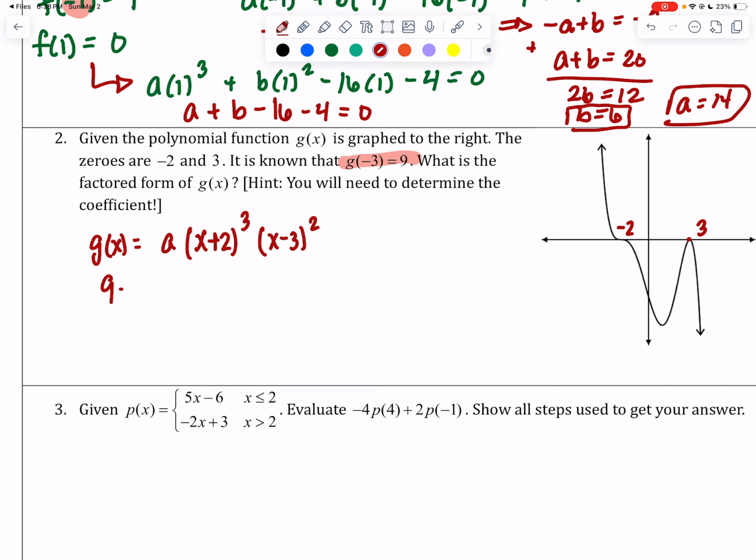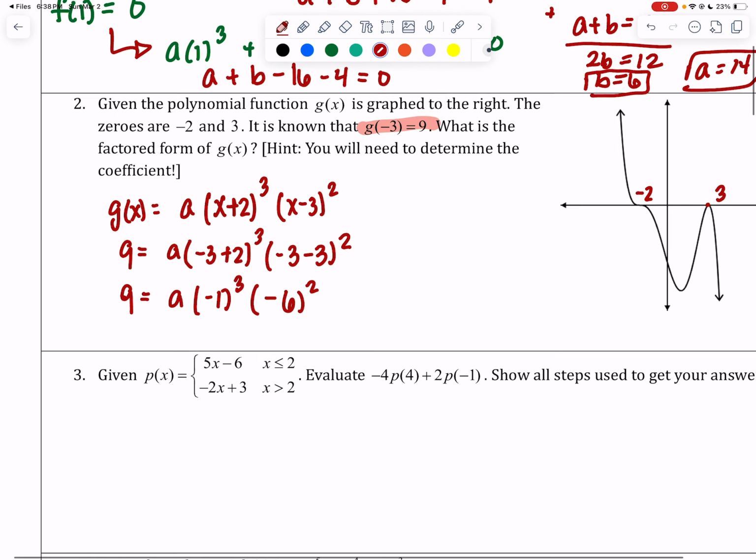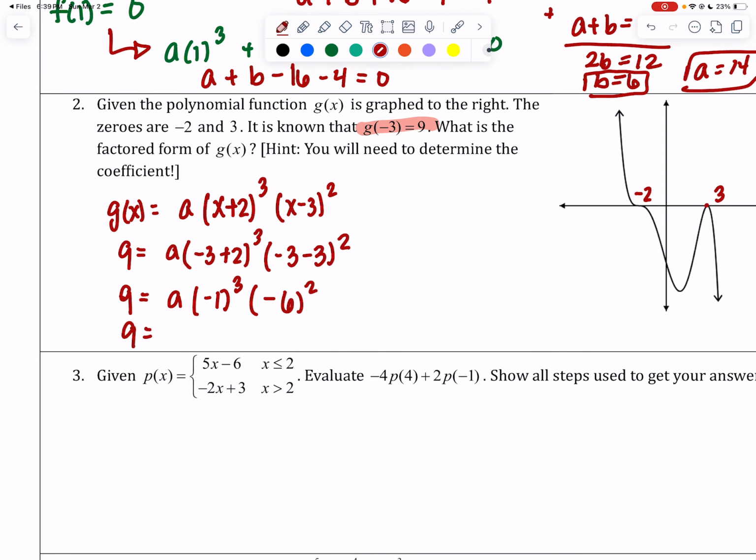So now I have 9 is equal to a times negative 3 plus 2 cubed, negative 3 minus 3 squared. 9 is equal to a times negative 1 cubed, negative 6 squared, which gives me 9 is equal to a times negative 1 times 36, which gives me an a value of negative 9 over 36, or negative 1/4 if I were to simplify this. So negative 1/4 represents my coefficient.